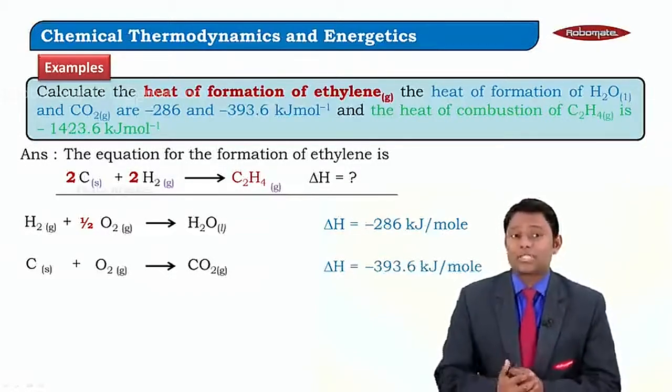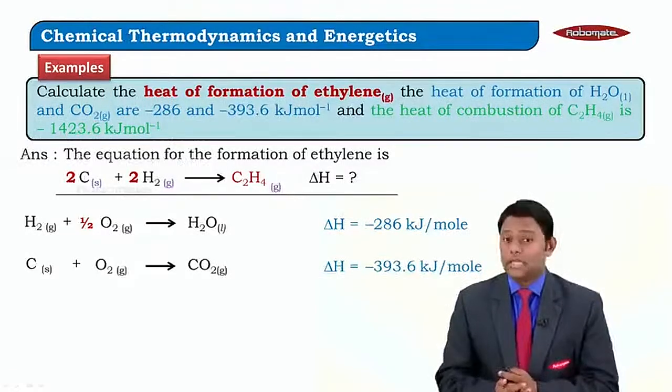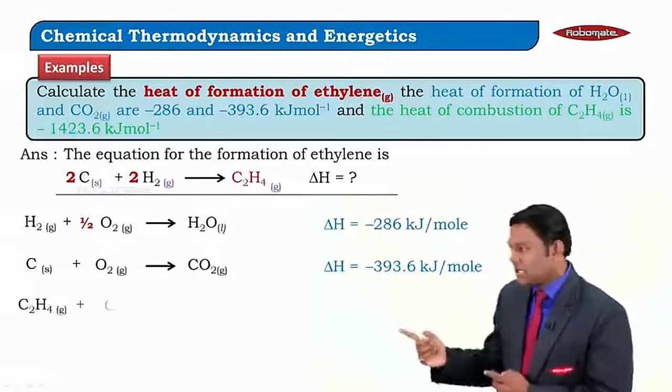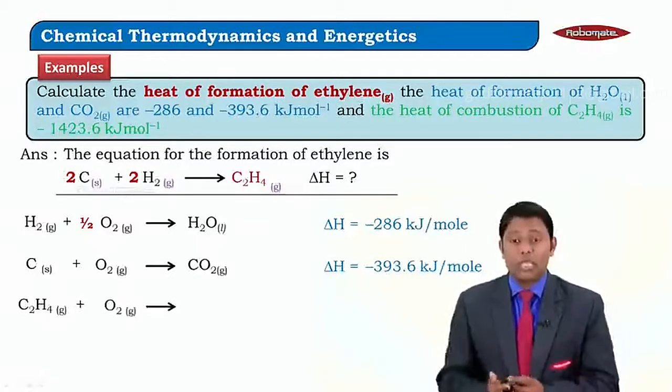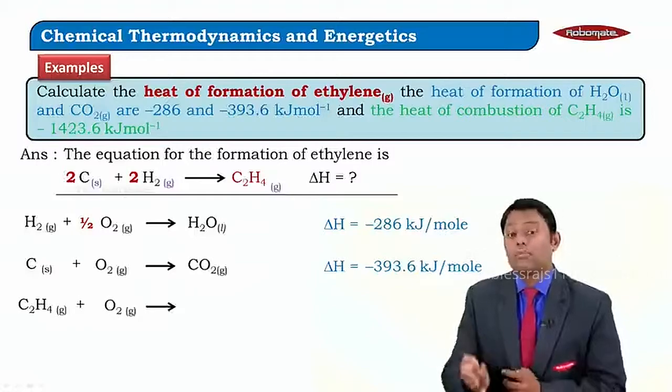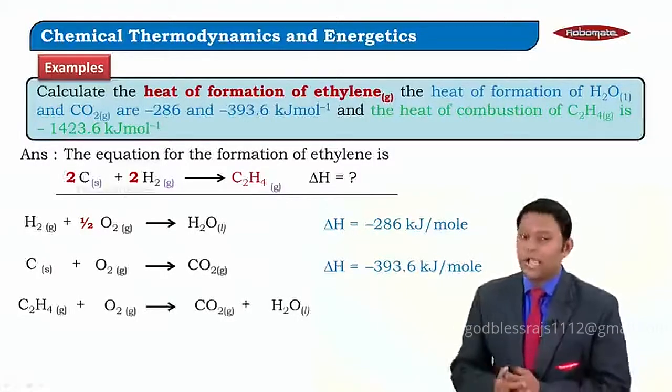The last thing given is combustion of ethylene. Combustion reaction means reaction with oxygen, so C2H4 plus oxygen will give certain compounds. It's a hydrocarbon, and a hydrocarbon on combustion gives carbon dioxide and water.